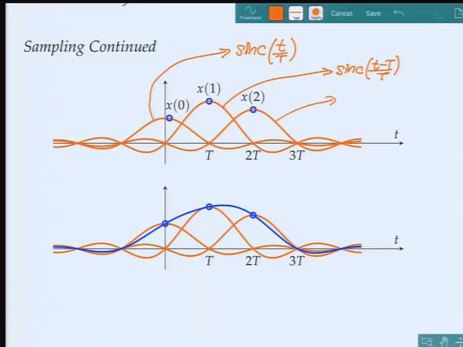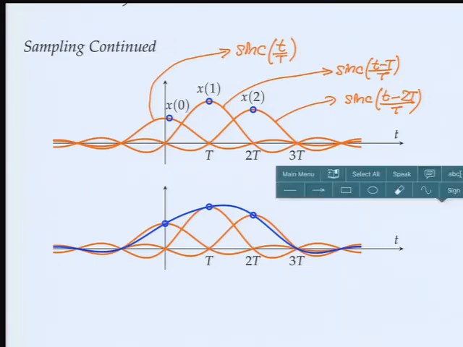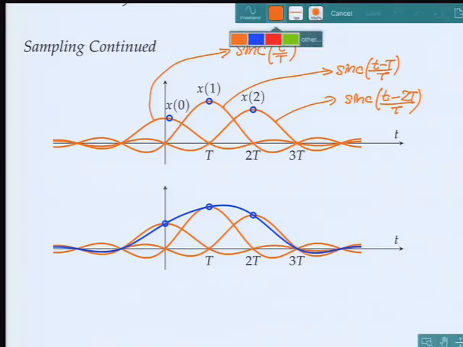And this guy is sinc of (t minus 2T) by capital T. Agree? Okay, so I lied to you slightly because their amplitude is not 1 at the center. It's x0, x1, x2, so we have to scale them by those, all right? So let's add those factors. So this is sinc times the scaling factor, which is x0, sinc times the scaling factor, which is x1, sinc times the scaling factor, which is x2.